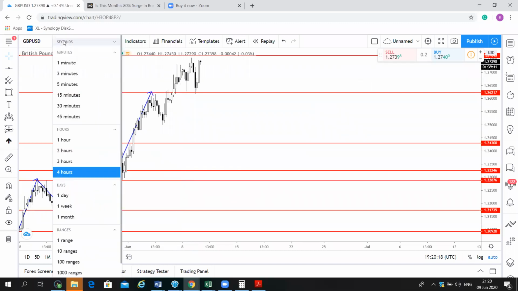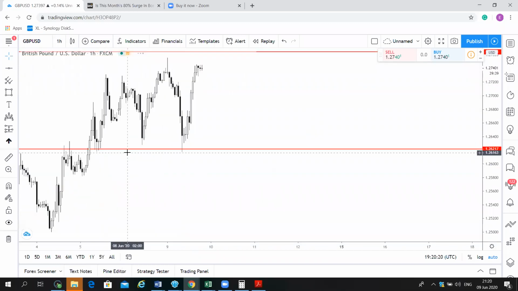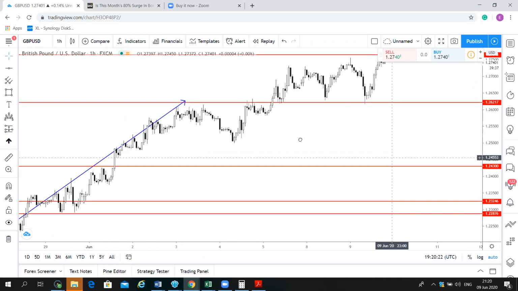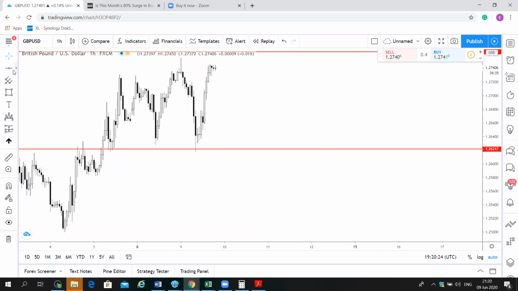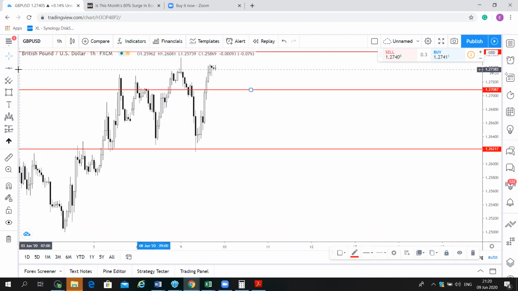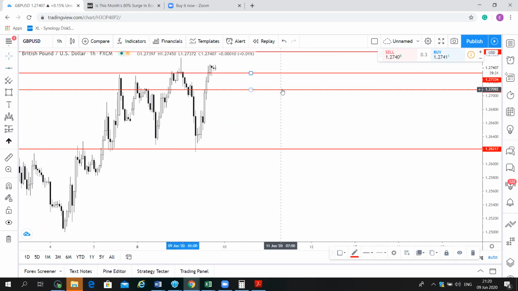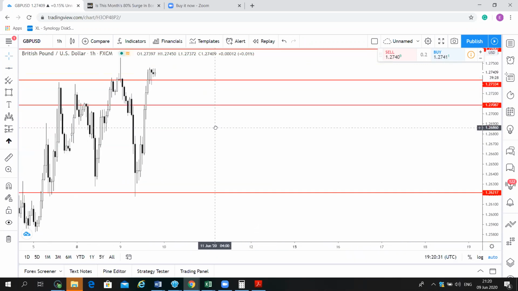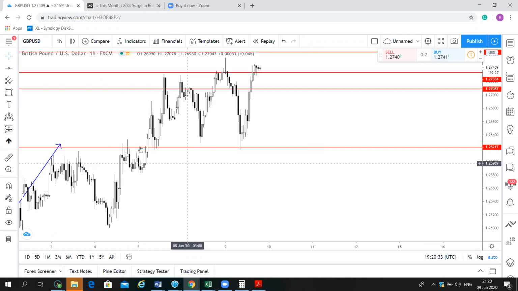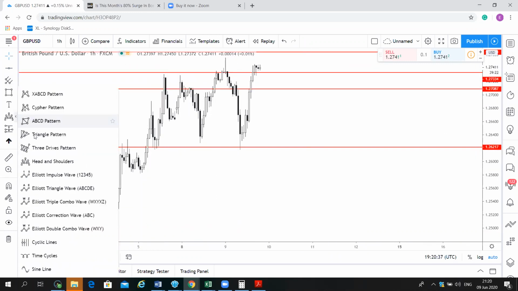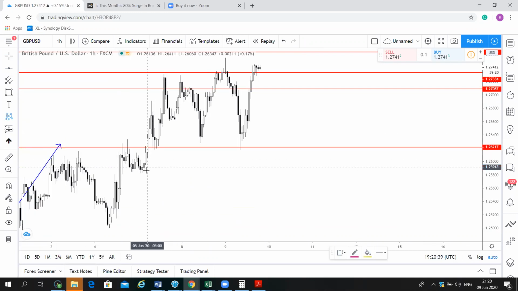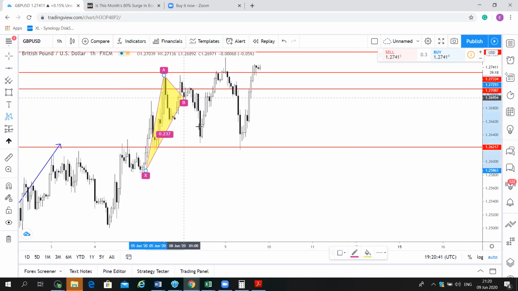So yes, guys, you need to understand your levels of support and resistance, right? And also try to break it down into time frames. You will see it makes things easier. Like you can see, this is a double top, right? It's a double top like this.